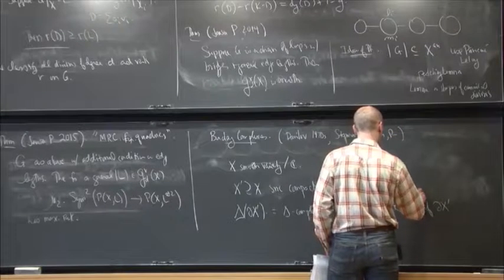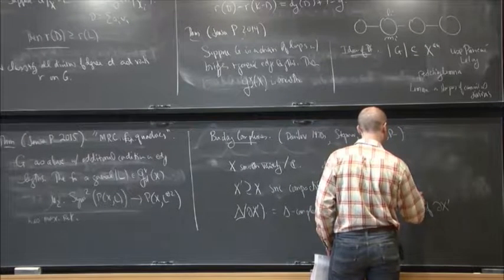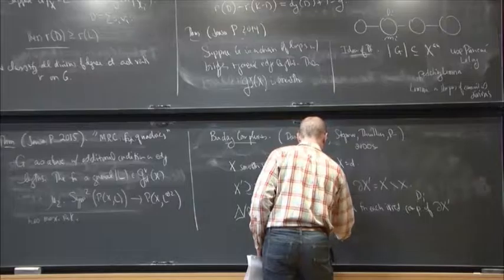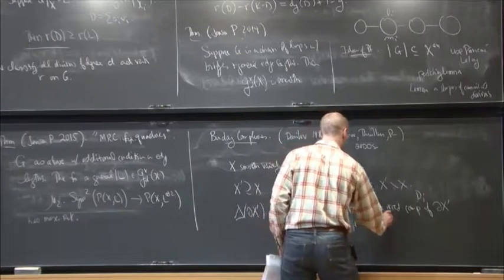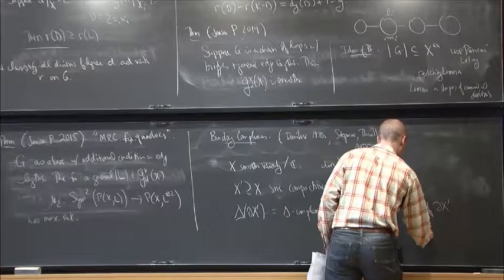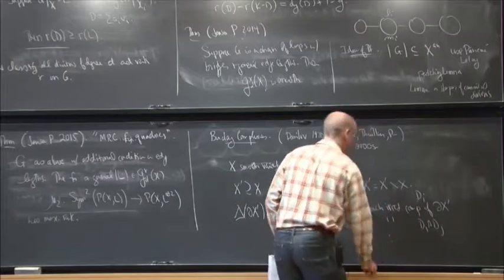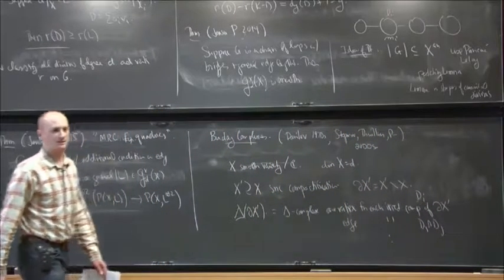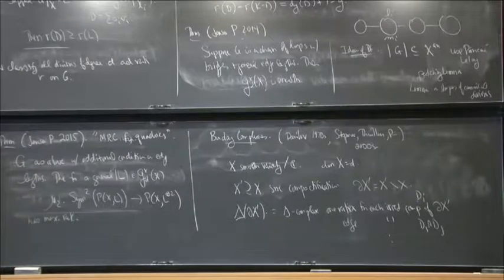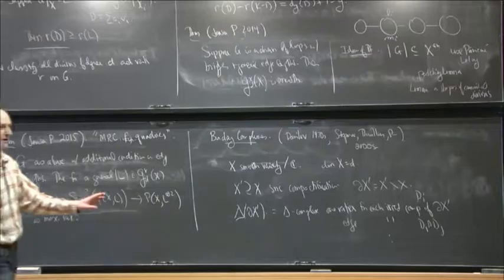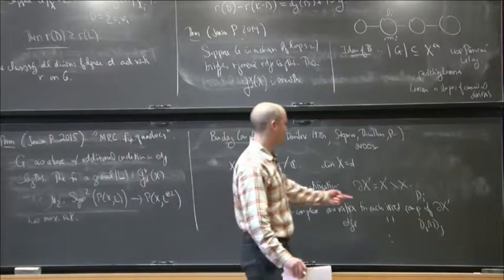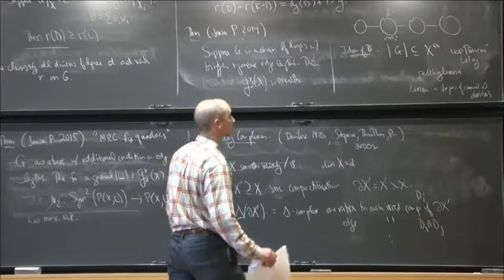So let's say these components are D_i, and one edge for each irreducible component of D_i intersect D_j, and so on. So one two-dimensional face for each irreducible component of D_i intersect D_j intersect D_k, and the inclusions among these faces come from inclusions of these irreducible components.